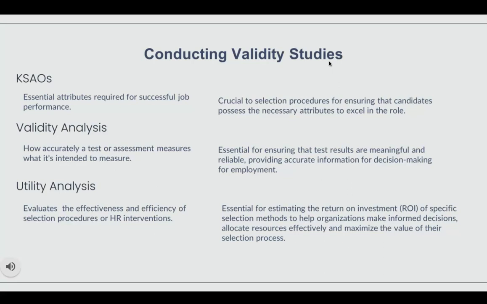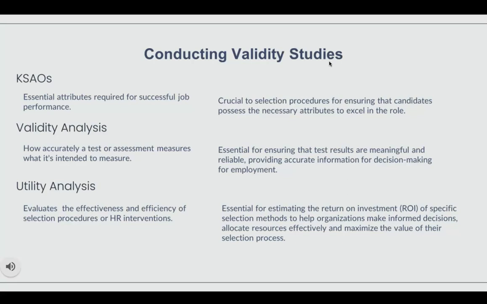Other characteristics typically include personality traits, attitudes, or other qualities relevant to job performance. In the context of a validity study for selection procedures, identifying and assessing these KSAOs are crucial for ensuring that candidates possess what is necessary to excel in their role.